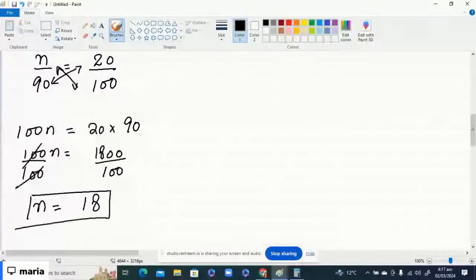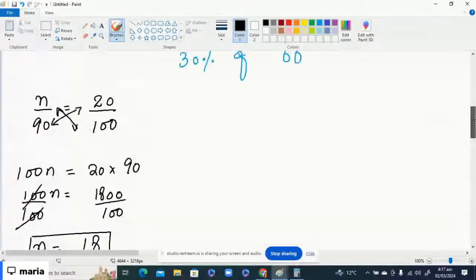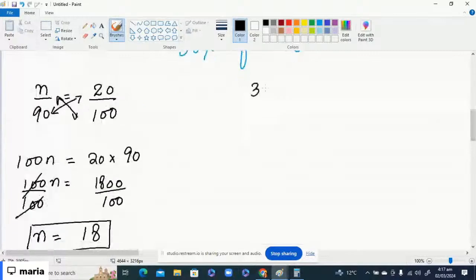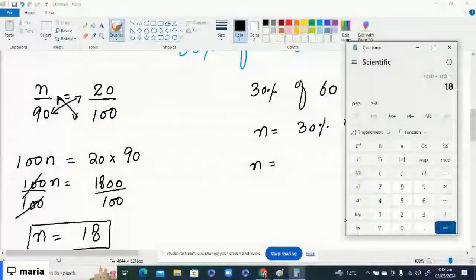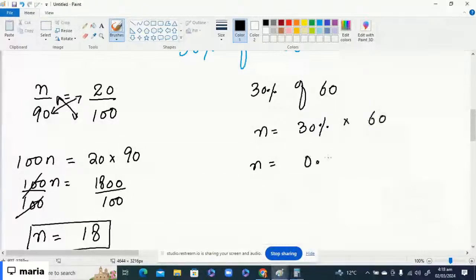Okay. Now let's do that one. 30% of 60. 30% of 60. Now n is equal to 30% times 60. So n is equal to, what is the answer of 30%? So 30 divided over 100, which is 0.3 times 60.